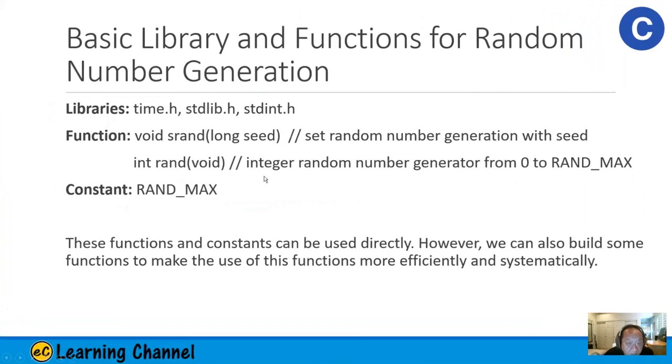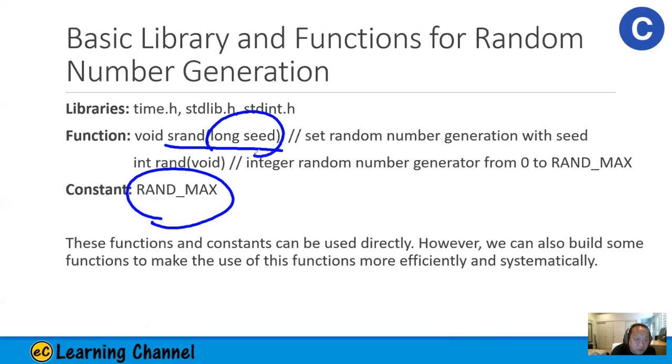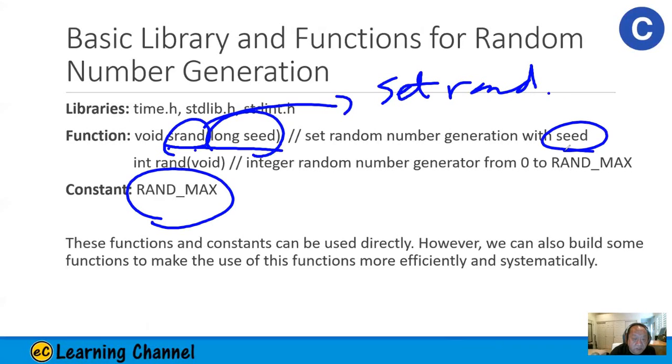Okay, so that actually is that. And then there's a constant called RAND_MAX. That means the maximum random number you can have. And there is a seed function. You have a long integer, set random seed. You set a seed with a certain seed. Okay. And then there's a random function.